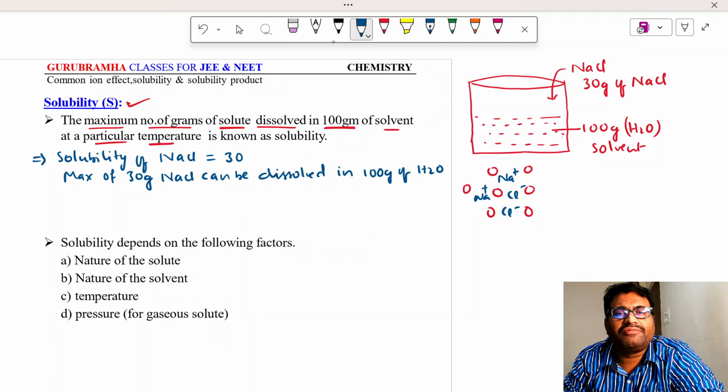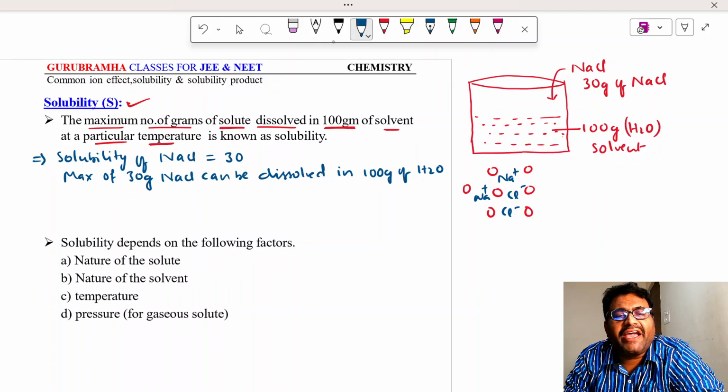Did you understand now? So, for every solvent, there will be a limit. Up to that limit, it can dissolve the solute. Here, 30 grams is the limit.